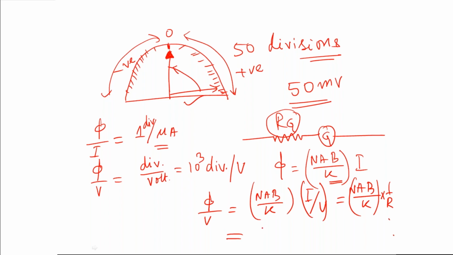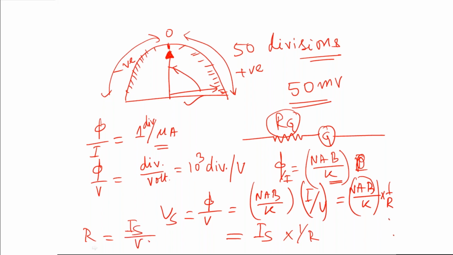If I write current sensitivity IS into 1 by R, this part NAB by K is the current sensitivity, divided by R. So if I write voltage sensitivity as VS, what I get as R is current sensitivity by voltage sensitivity.